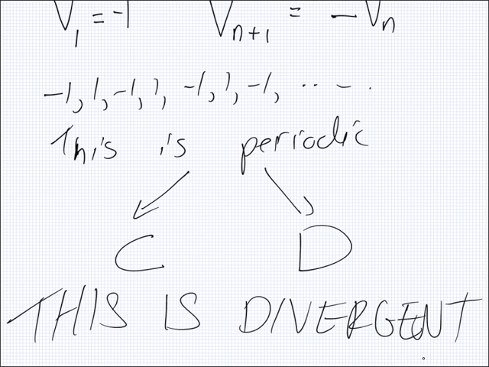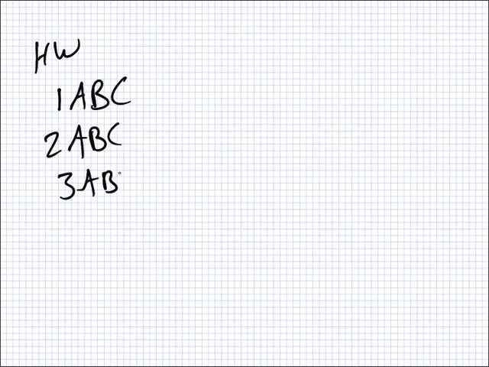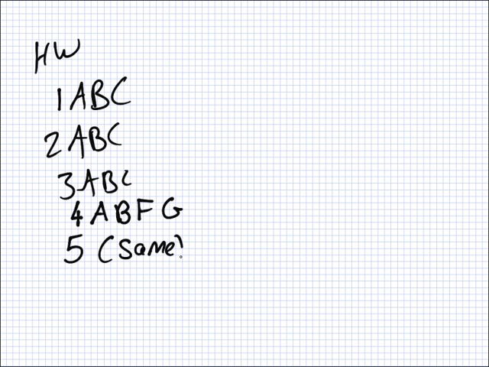Let me tell you which ones to try now. So homework then will be 1 ABC, 2 ABC, 3 ABC, 4. Hold on. A, B, F, G, and 5. 5 and 4 go together.